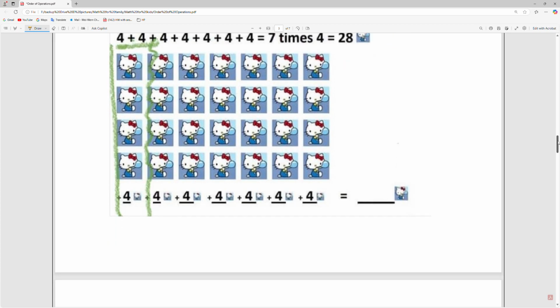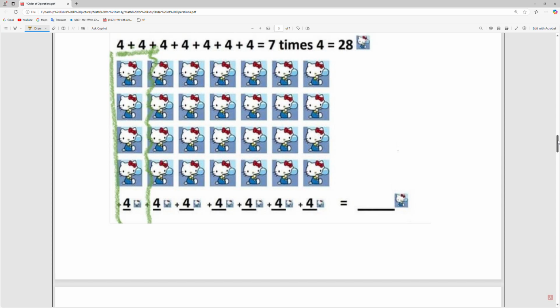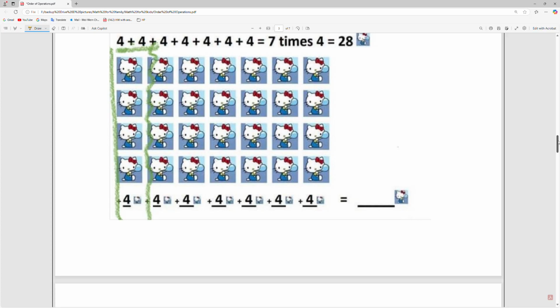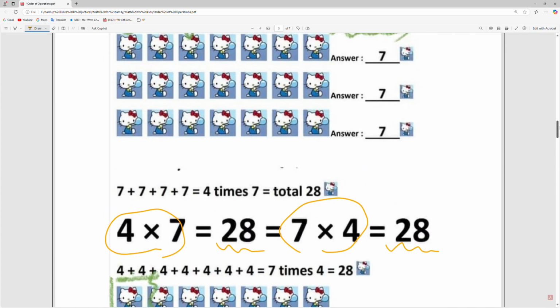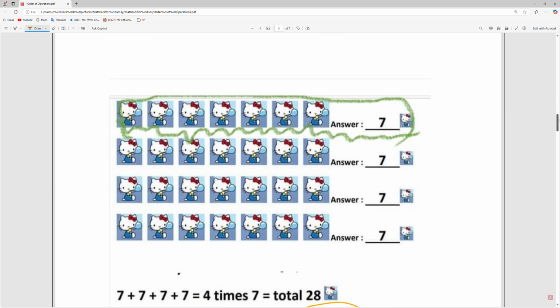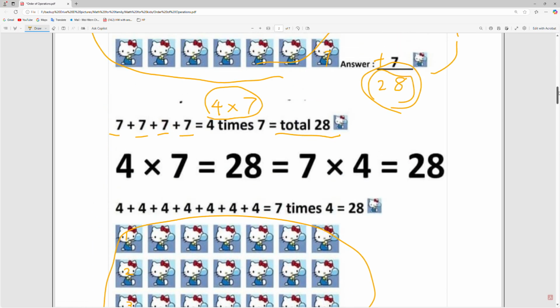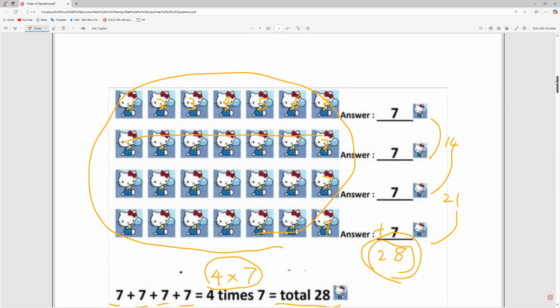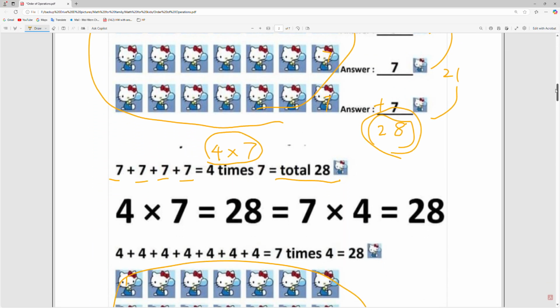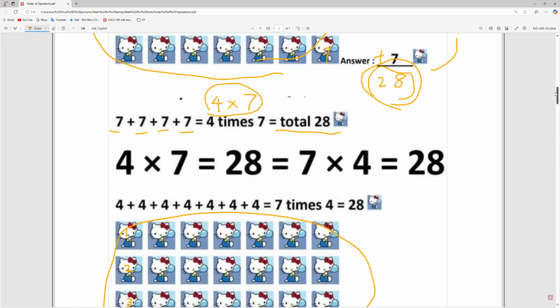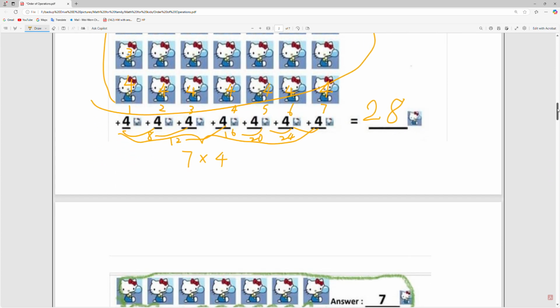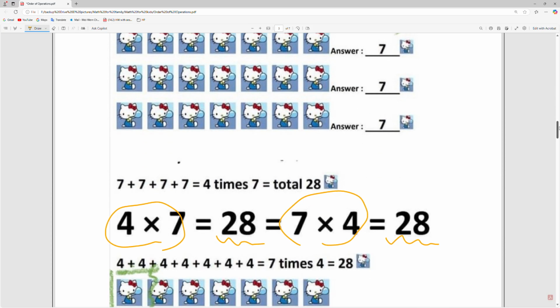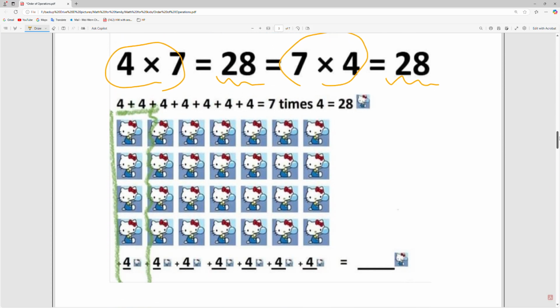So this is the commutative property for multiplication. And after you understand, after you spend so much effort to watch this video, I think it's easier to memorize the commutative property than just memorizing without understanding.